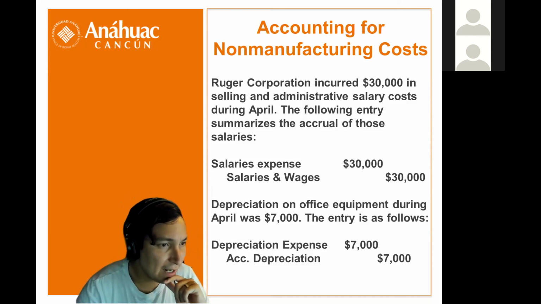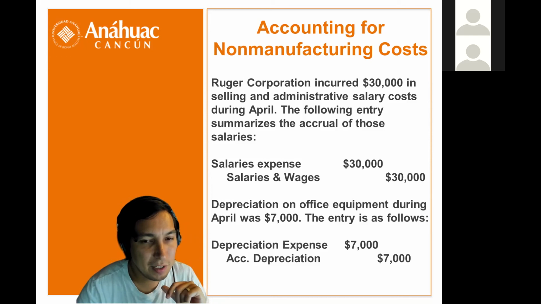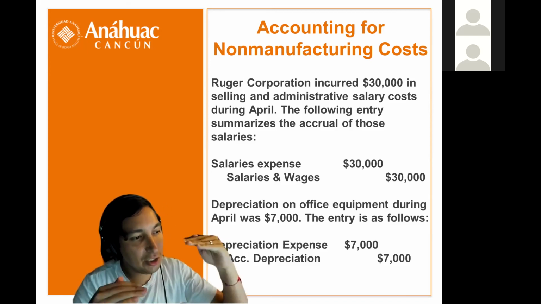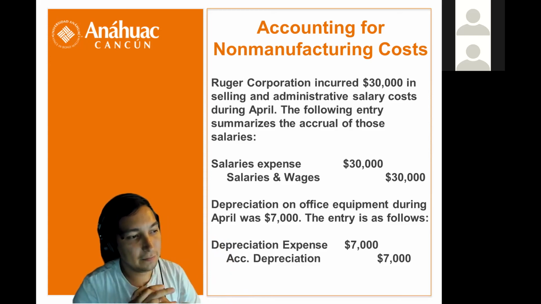Remember what is a contra asset account? Accumulated depreciation, it's a contra asset account. What does that mean? The nature is a credit, but it's not presented as a liability. It's presented in the assets, but with credit nature. So it will appear with a negative sign, diminishing the amount of assets.